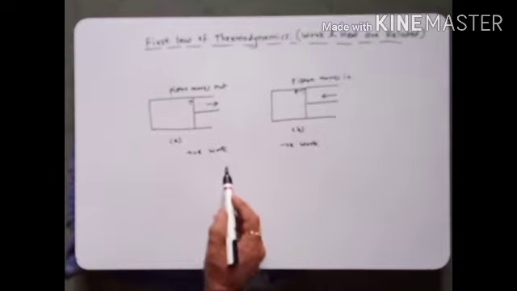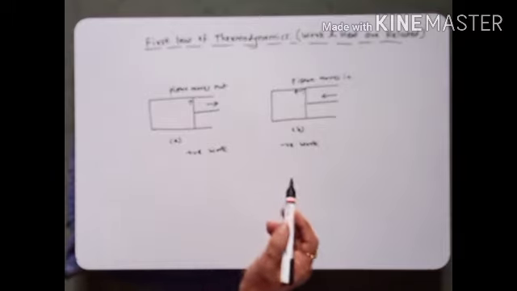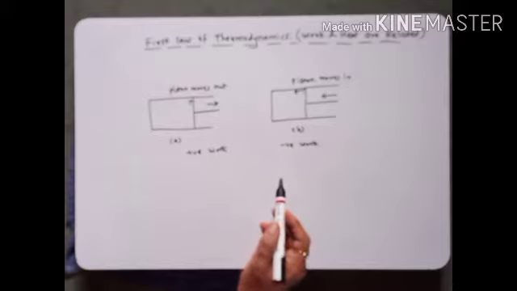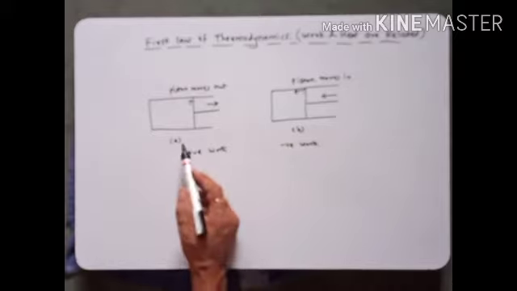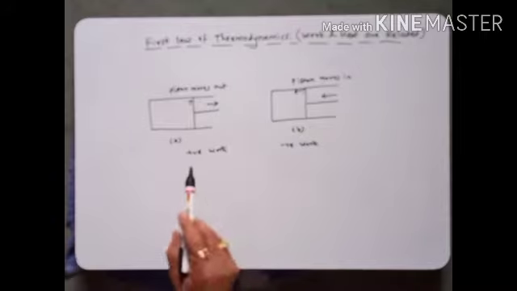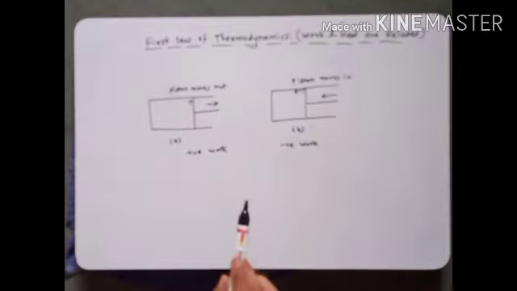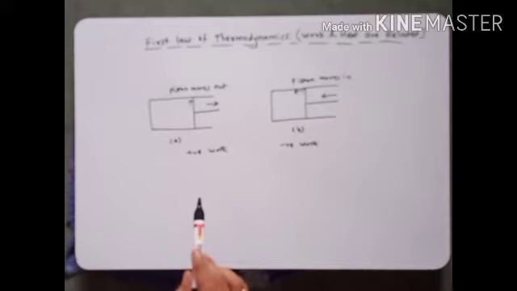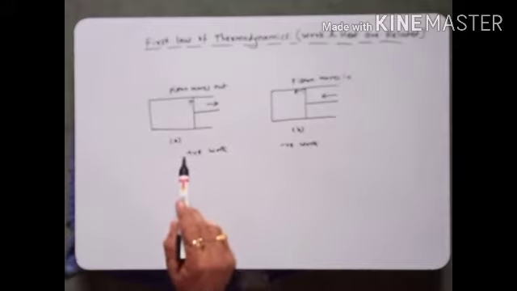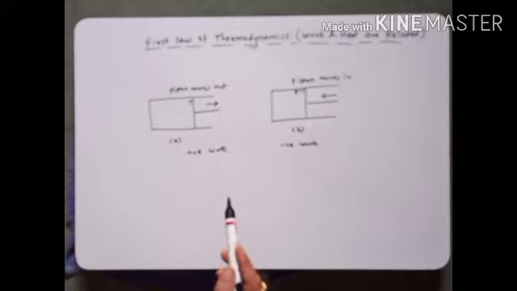Here gas does positive work on the piston, and here gas does negative work on the piston. That means when there is an expansion, the gas molecule strikes the piston, loses momentum, there is expansion, and gas does positive work on the piston.